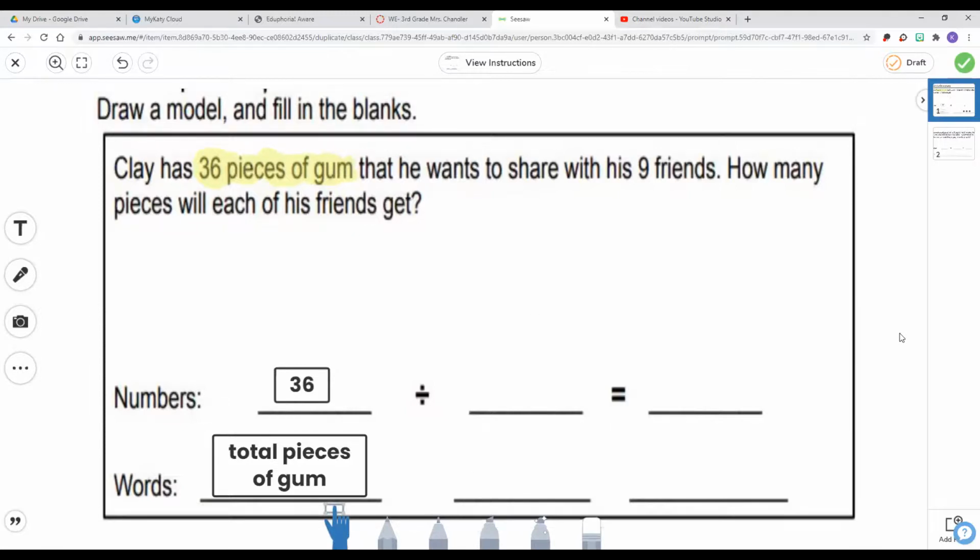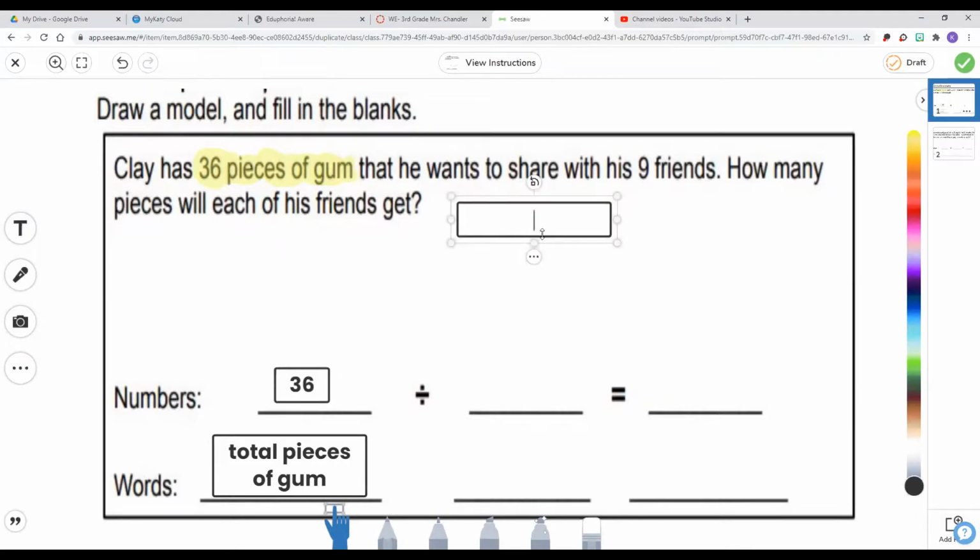Okay. So what's my next number going to be? How many groups do I have? Camila, how many groups do I have? 9. I have 9 friends he wants to share with. So I have 9.